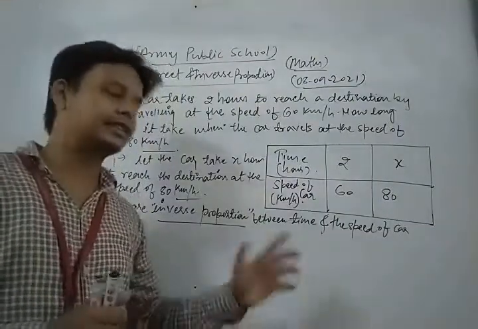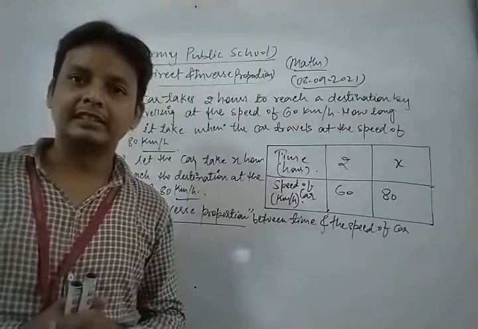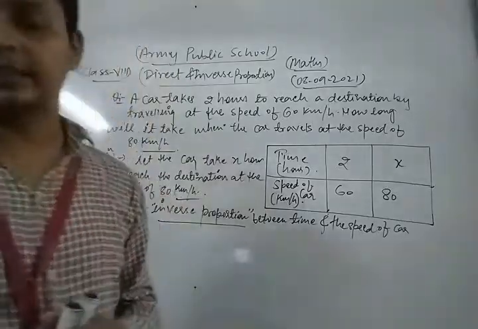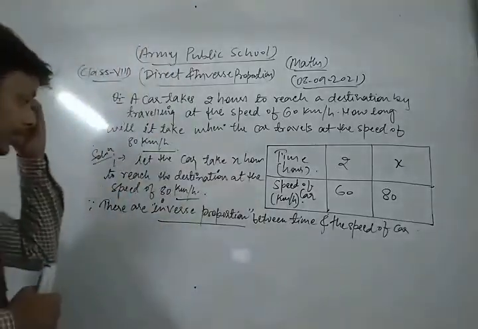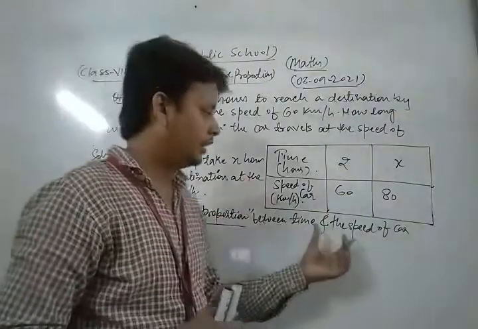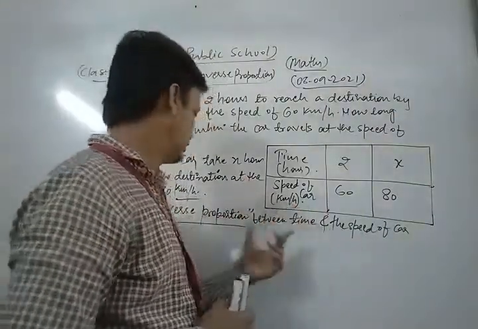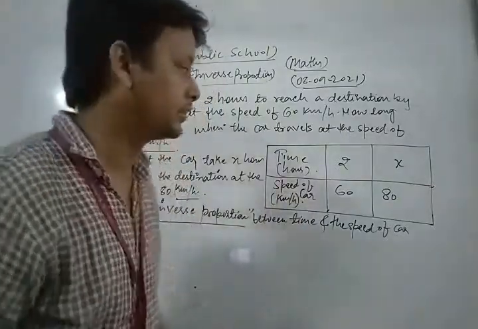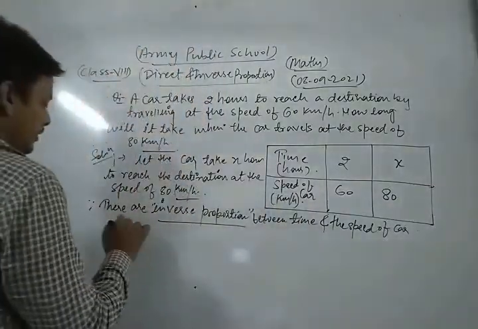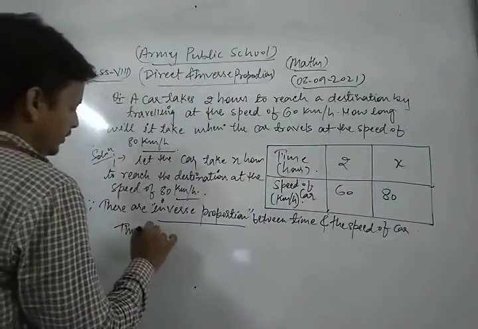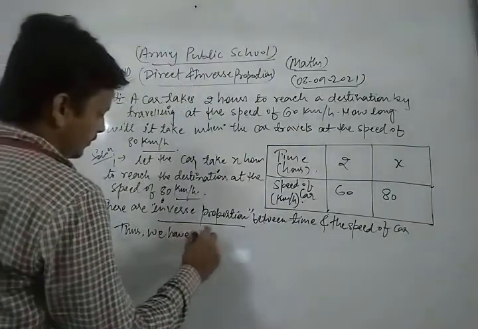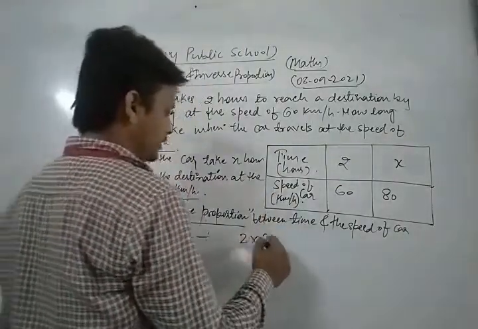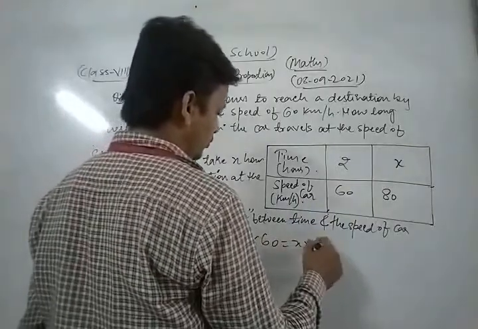If one decreases, then the other increases. So in this way, we can say that, dear friends, there are inverse proportions between those two things. Now, thus we have 2 into 60 is equal to x into 80.